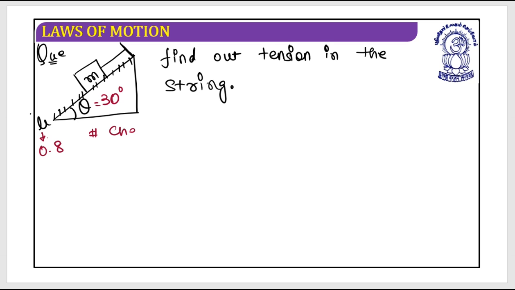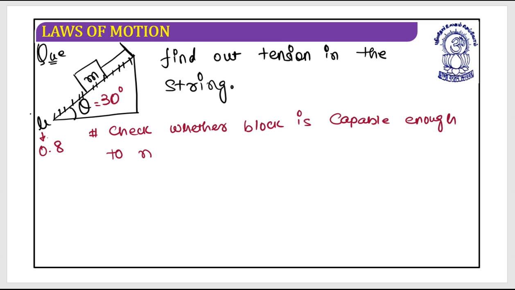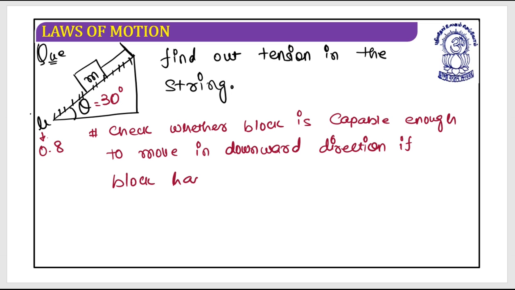First check whether the block is capable enough to move in the downward direction if the block has not been tied with string.